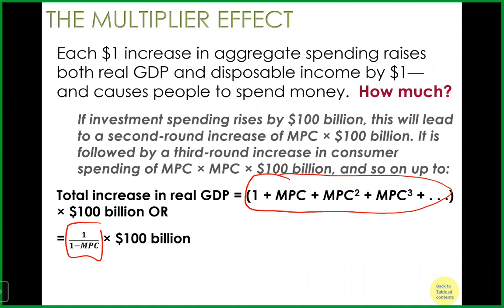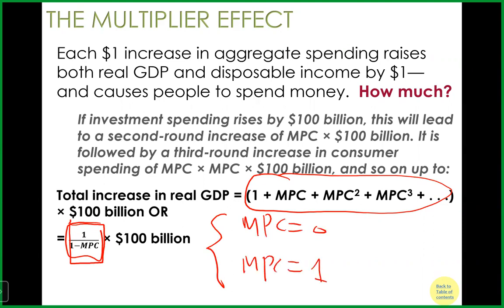By the way, what does that mean if MPC goes to 0? Again, this is also useful to understand some extreme cases. First of all, this is a multiplier. Now let's understand two extreme cases: MPC equal to 0 and MPC equal to 1.